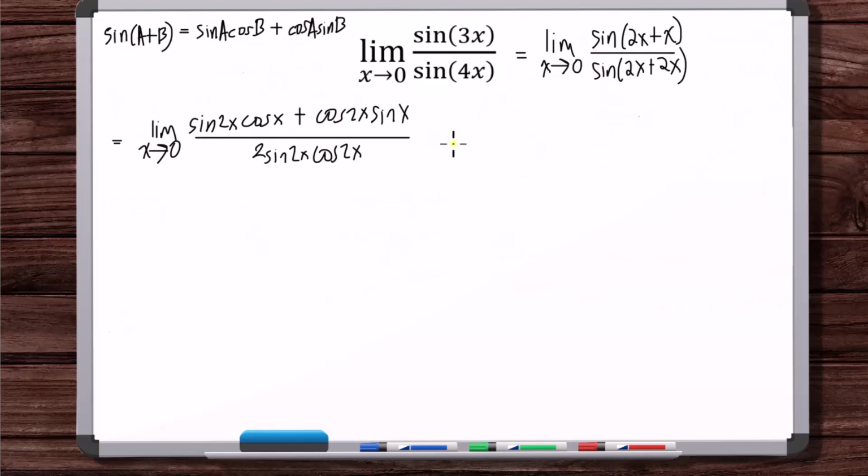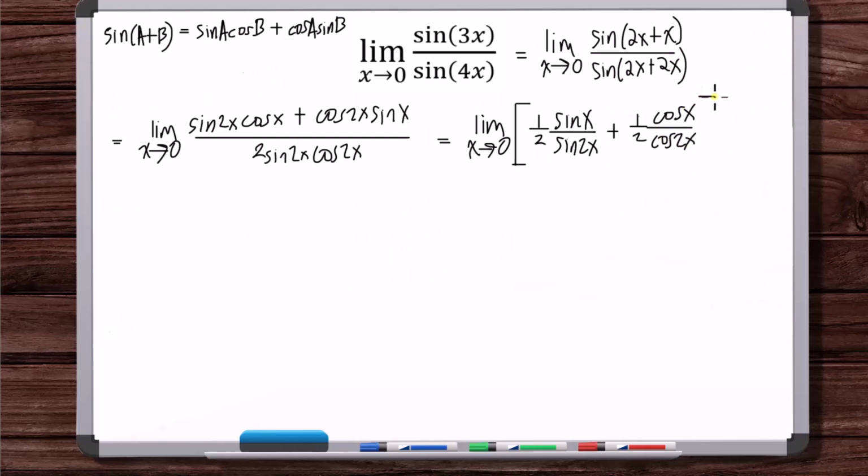Okay, now let's divide the numerator and denominator by 2 sine of 2x cosine of 2x. So we get 1/2 sine of x over sine of 2x plus 1/2 cosine of x over cosine of 2x. All right.